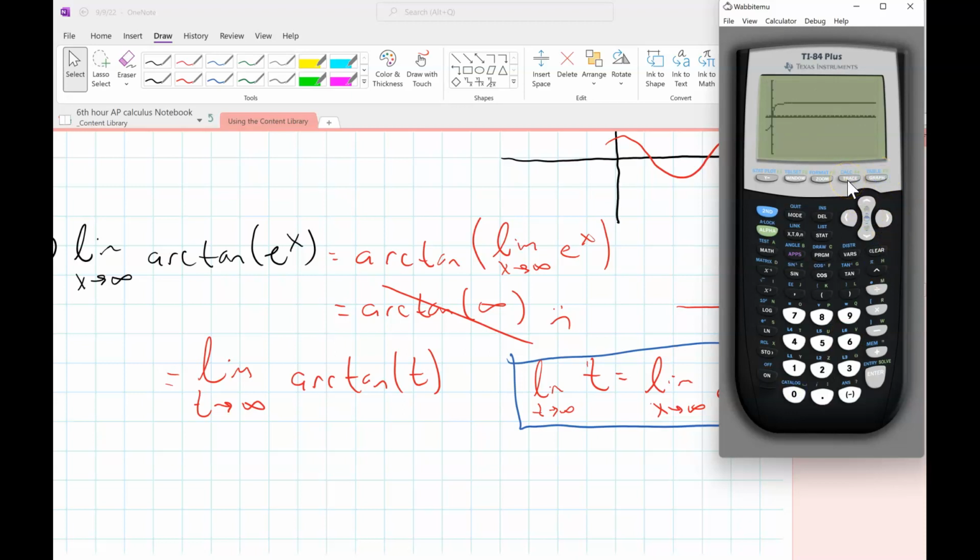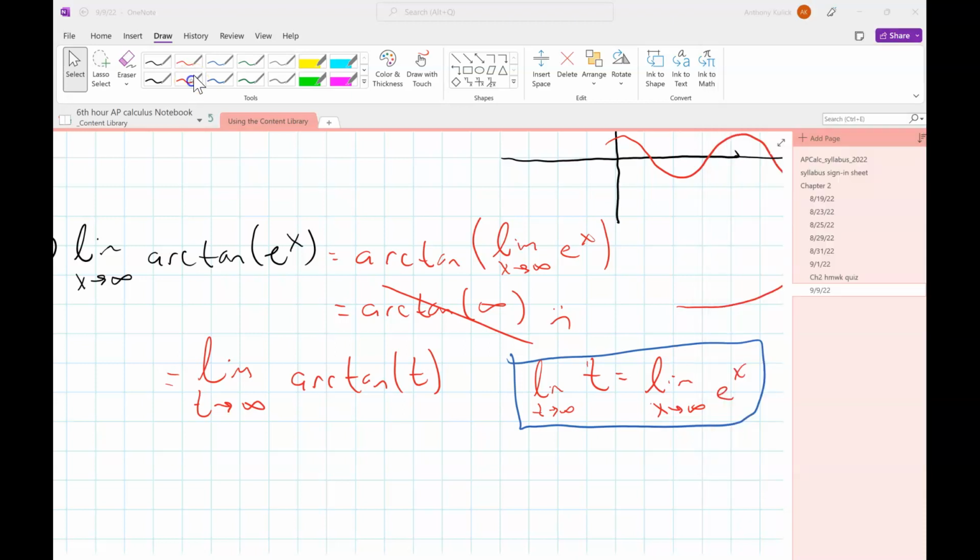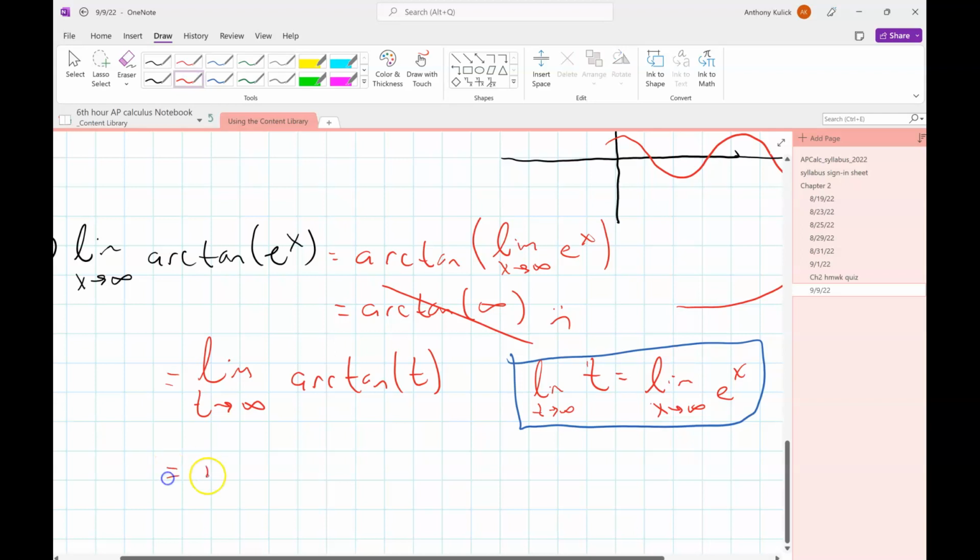But it certainly looks like there's some asymptote going on here. If I look at that y value, 1.55 should look an awful lot like pi over 2, right? Something a little more than 1.5 is probably pi over 2, particularly when we're doing trig stuff. So that is correct. That is what you're looking for.